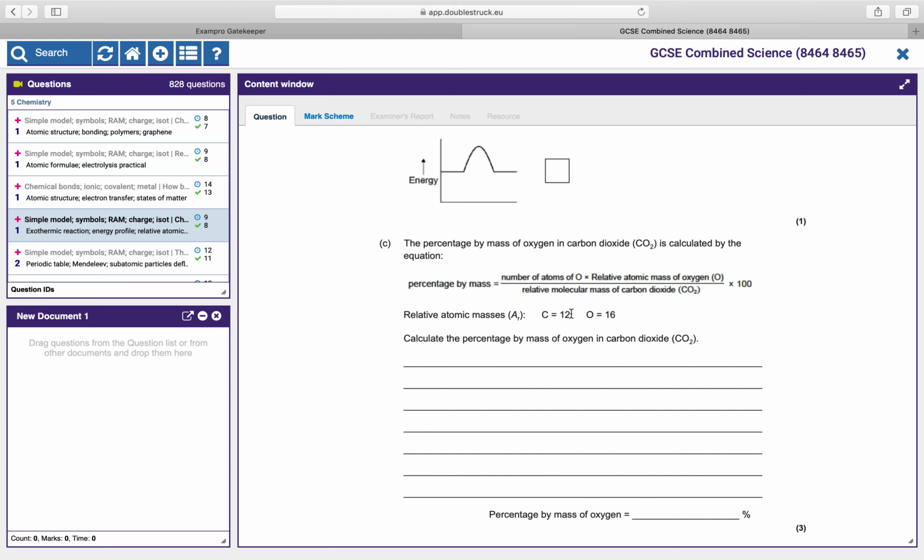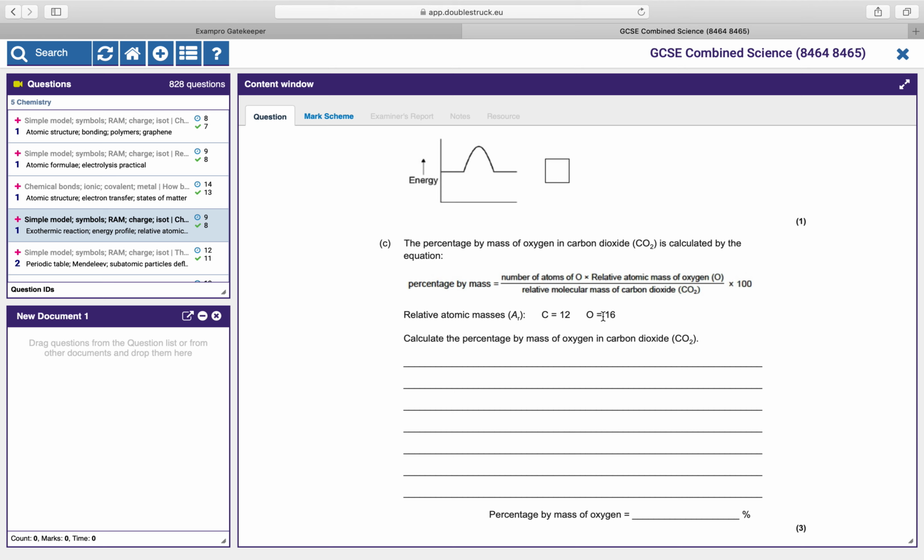There is 1 carbon, so that's 12, and you can find this in a periodic table, which lists the masses of each one. Carbon is 12, and there are 2 oxygens, which is 16 each. 16 times 2 is, as we said, 32.